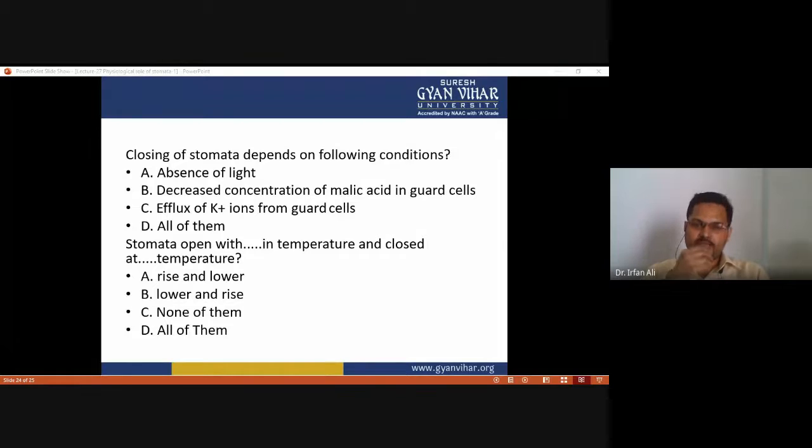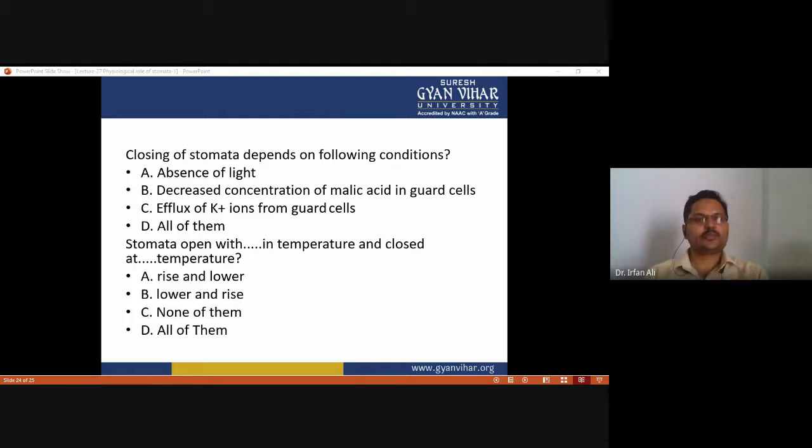Which of the conditions favor the closing of the stomata? Absence of light. Okay, absence of light is right, but all the other options are also correct. Even decreased concentration of malic acid favors the closing of the stomata, and efflux of potassium ion also favors the closing of the stomata.